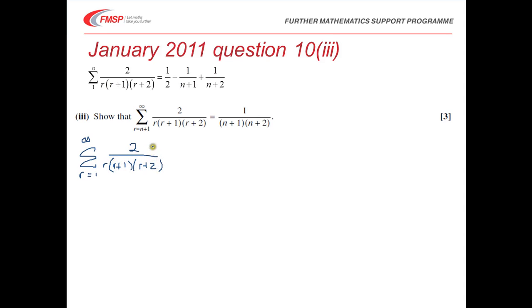So we need to find the sum to infinity, and from that subtract the sum from 1 to n. That's a technique that is quite often required in these sort of questions, and that is going to give us the required sum from n plus 1 up to infinity.